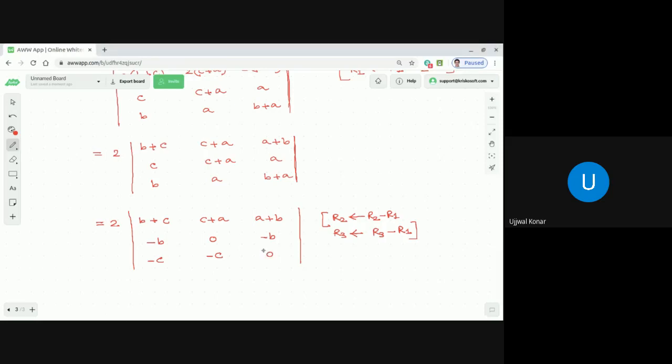Now we come to a very comfortable position. After that, we can expand this determinant with respect to a row which has zeros. For example, we can expand this determinant with respect to the third row.